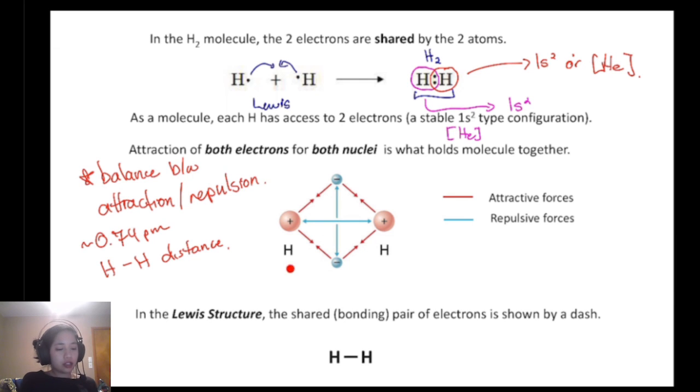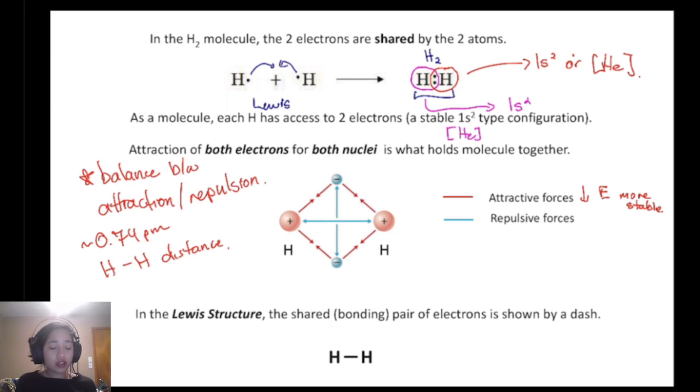Because as you bring these two hydrogen atoms together, one of the electrons on the hydrogen is going to feel attraction to one nucleus and the other nucleus because now they're being shared. And the other electron will also feel attraction from both because they're being shared. So that's an attractive force that will lower the energy of the system, making it more stable.